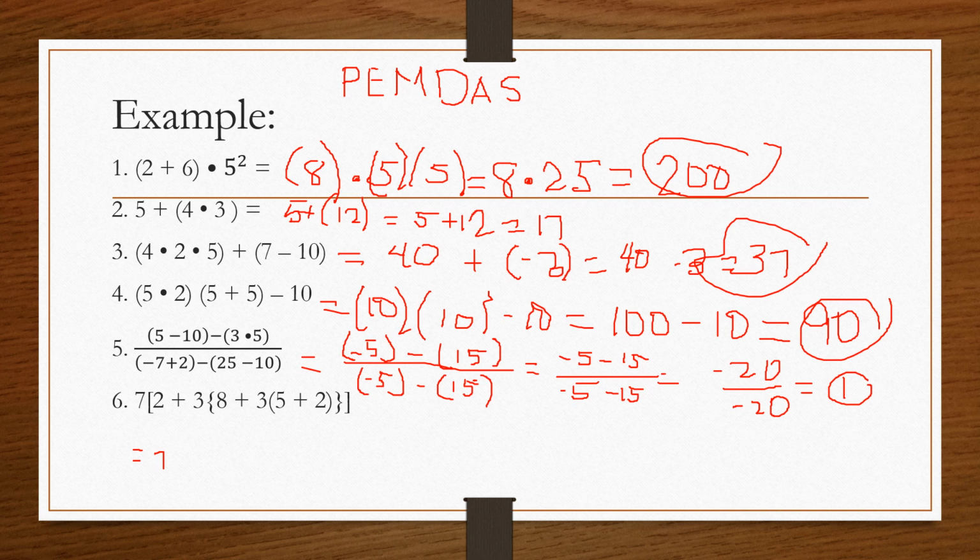But it's the same with PEMDAS, no? Okay, so we have here 2 plus. So we will start from the very innermost parenthesis, yung pinaka, no? So, 5 plus 2 equals 7.